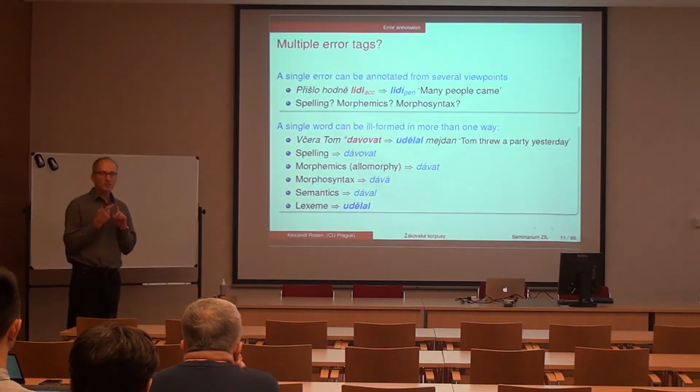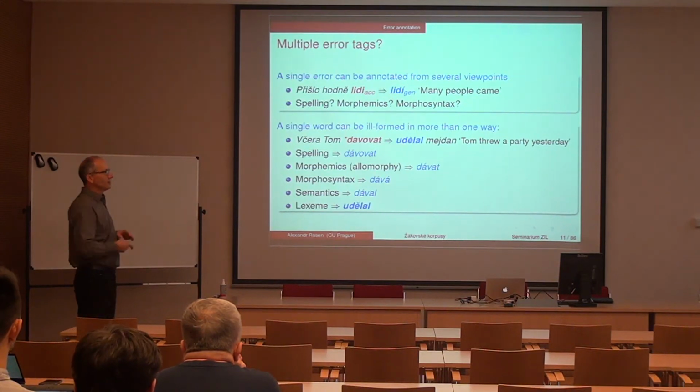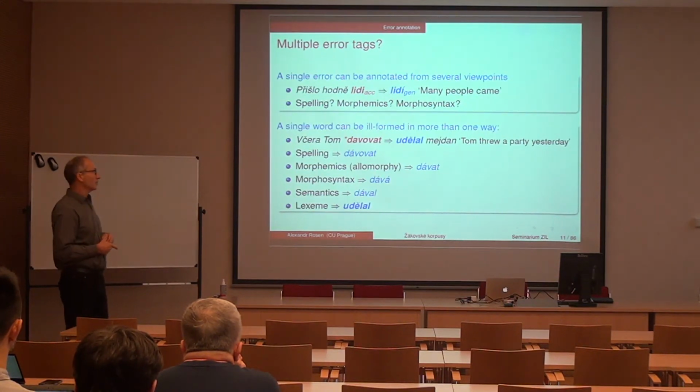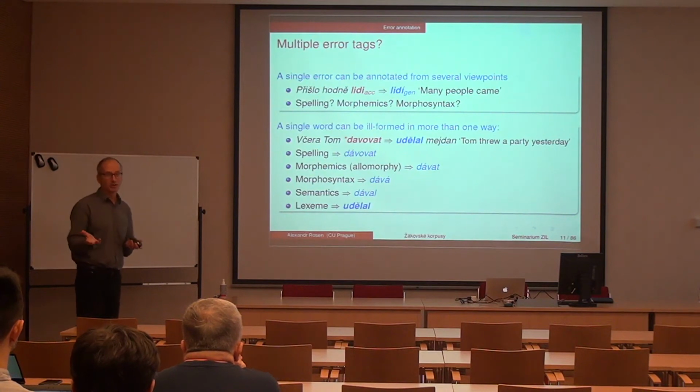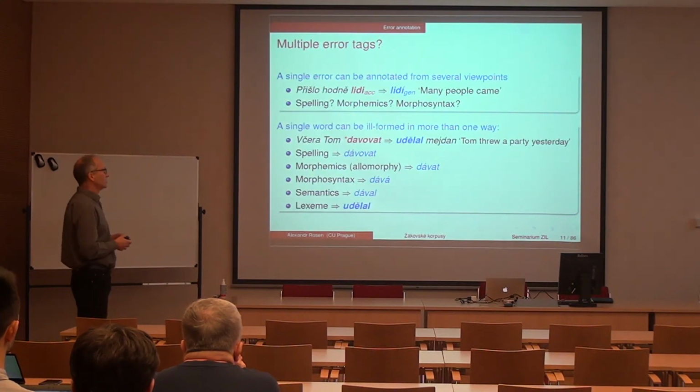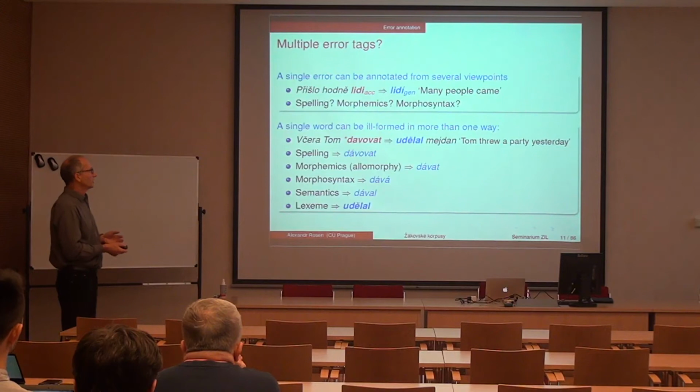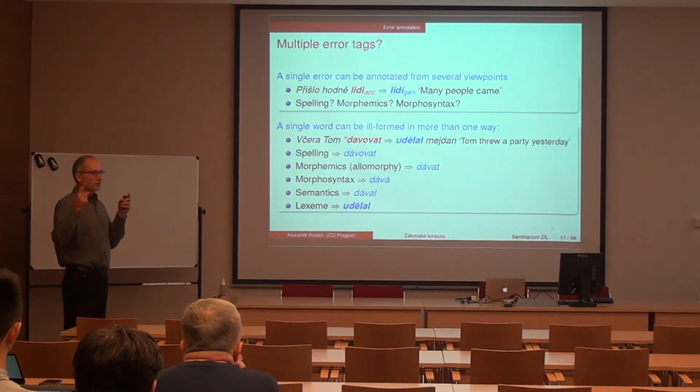Now, is this a spelling mistake? So it's just this little accent on the i. Is it a spelling mistake? It could be. It probably is, but maybe not. Maybe the person just doesn't know the declension of that noun properly. Or maybe she confused the cases.